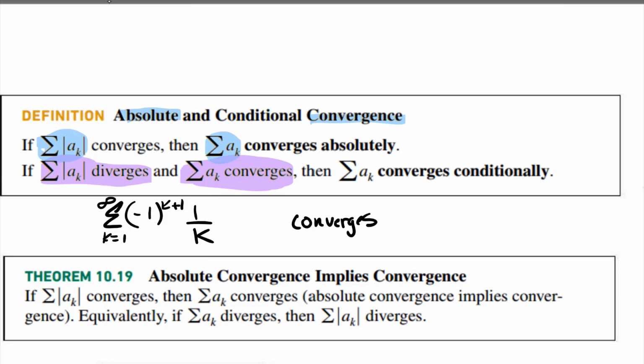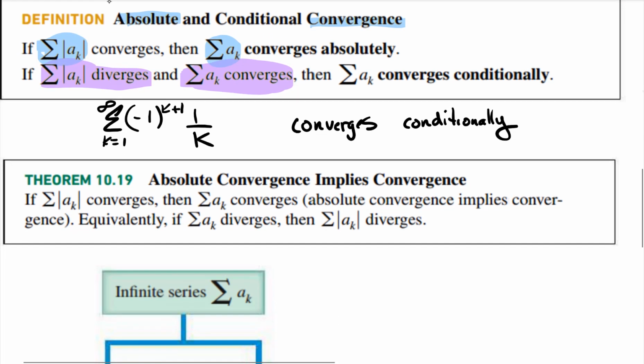Therefore, this actually only converges conditionally. So we have absolute convergence and conditional convergence. There is an example of conditional convergence because a telescoping series does not converge. But if you put a -1 to the k+1 inside of there, it will converge. Thus, the terminology is converges conditionally.